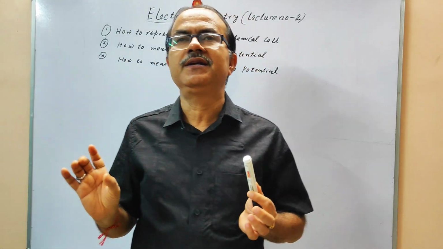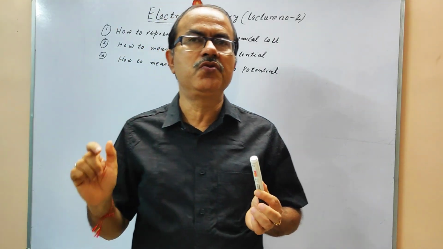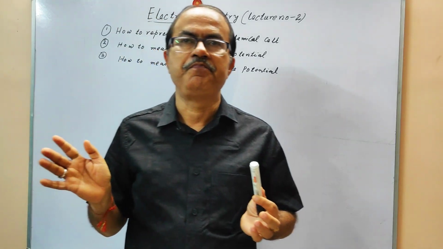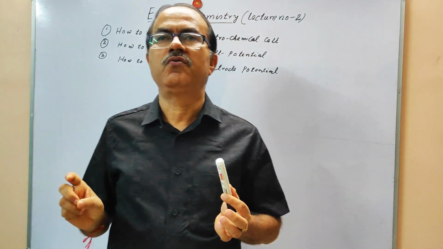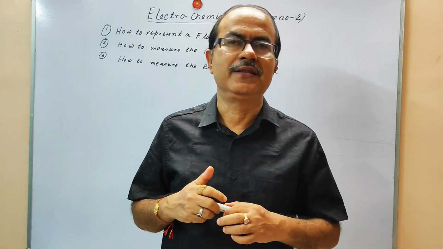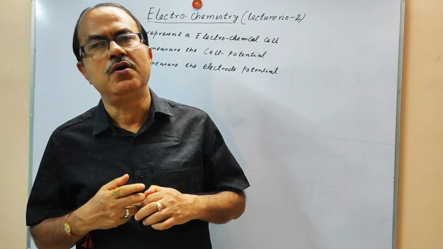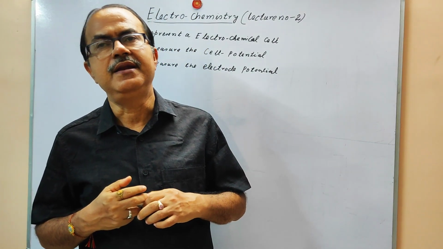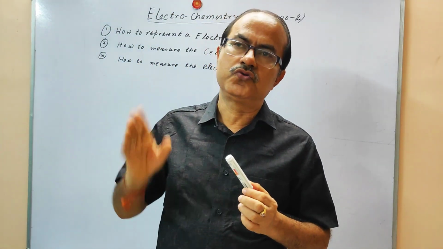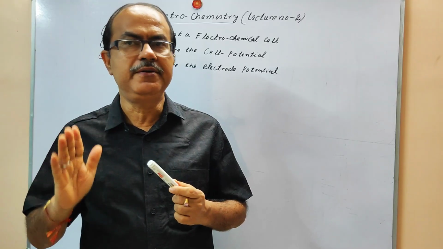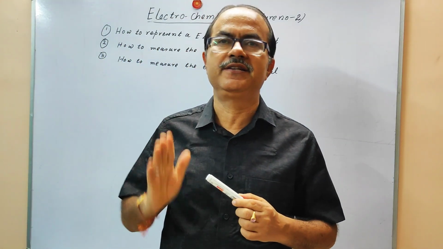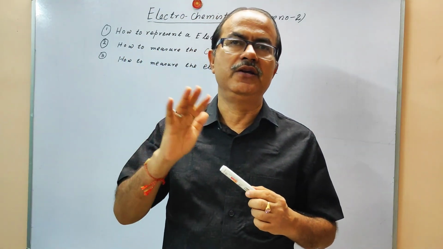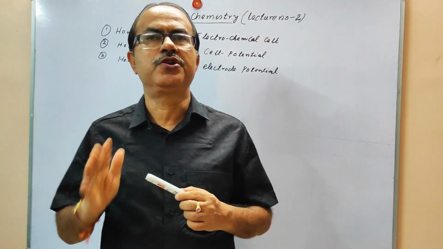In one part oxidation is going on, and in the other part reduction is going on, separately. The portion where oxidation is going on we call the anode. And we also understood how a potential is created due to the electrode and electrolyte interface.